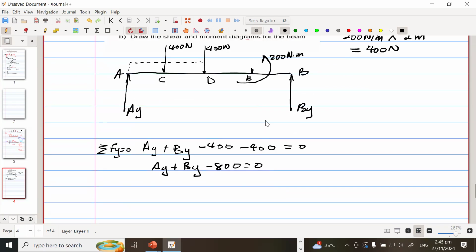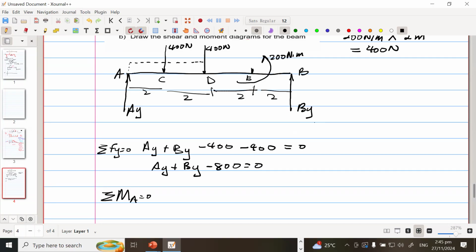Now, we know that this distance here is 2, this is 2, all of them are 2, and this is 2. So there are 8 coming down. Let's take moments at A to get rid of one of the unknowns. We're taking anti-clockwise as positive again.